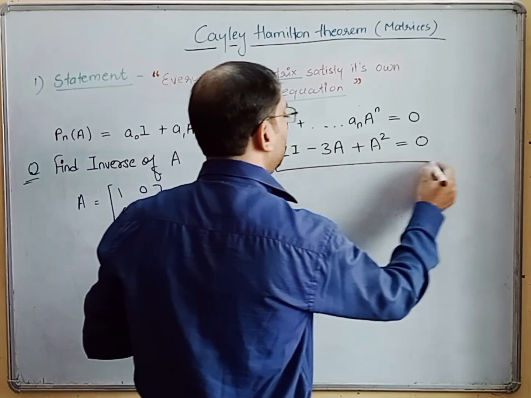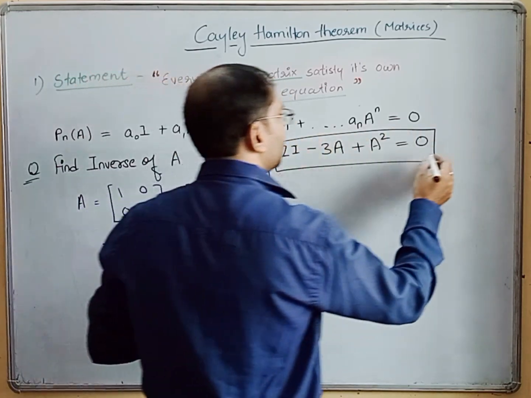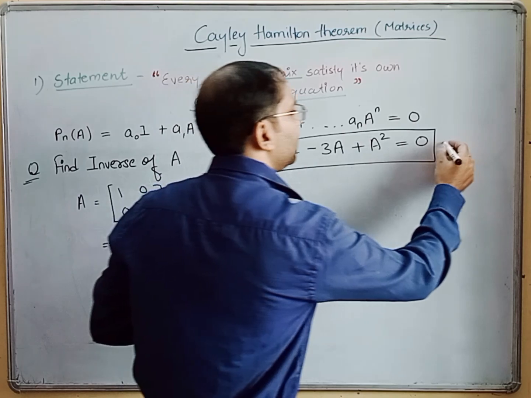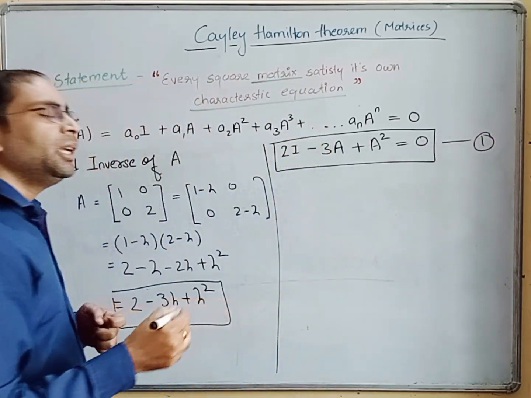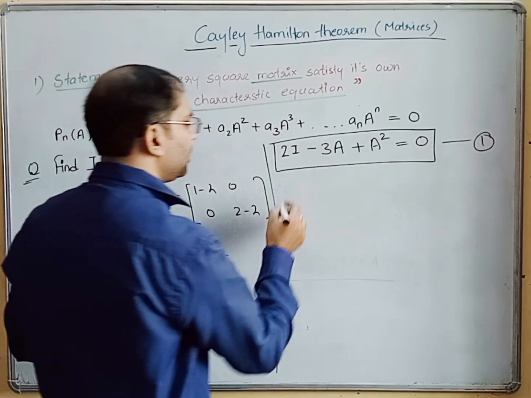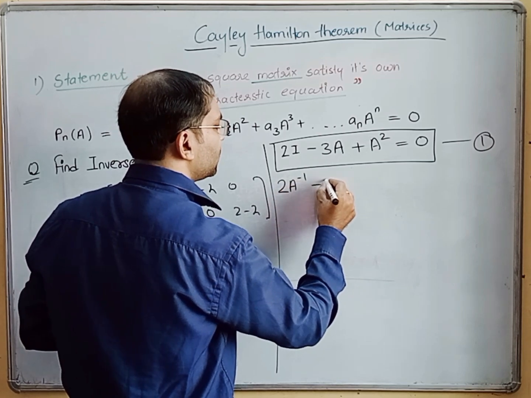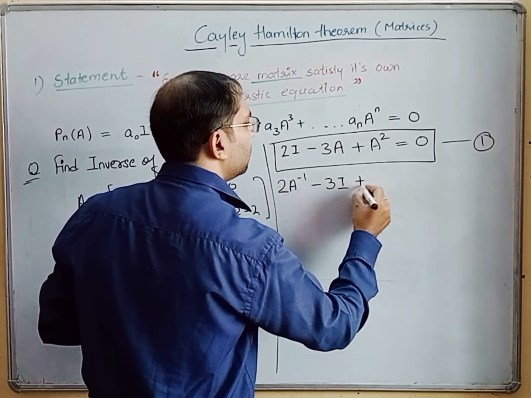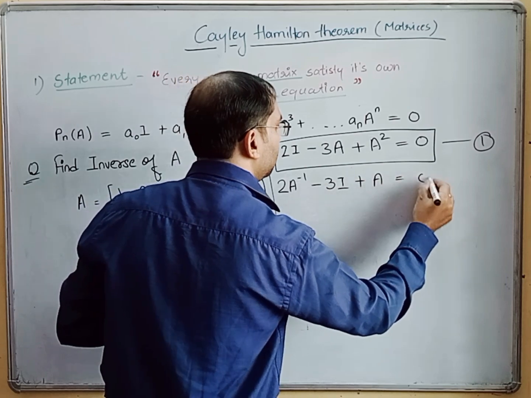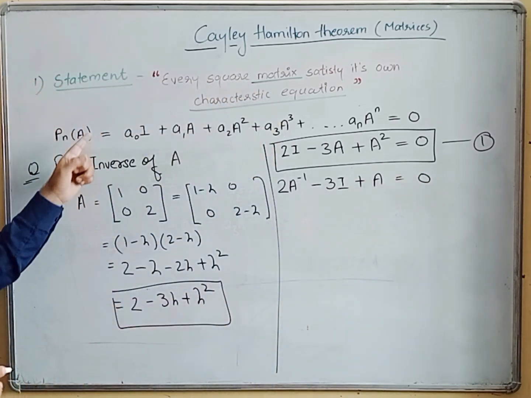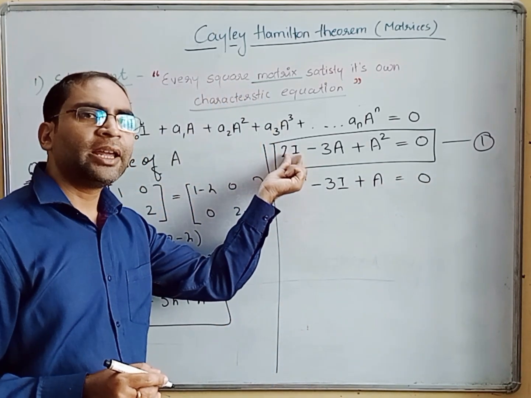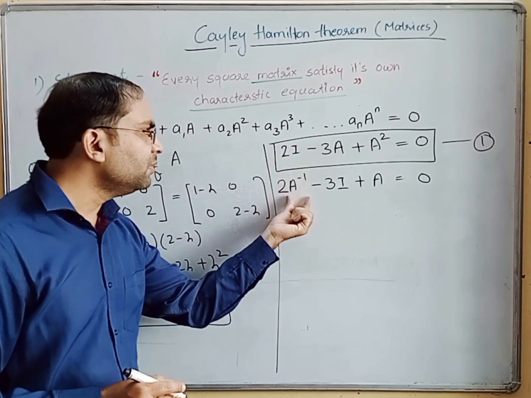So this is according to the Cayley-Hamilton theorem, and now we will multiply equation number 1 by A inverse. So once we multiply, this becomes 2 A inverse minus 3I plus A is equal to 0, as we have already done in the original equation. So once we multiply I with A inverse, it will give us A inverse.